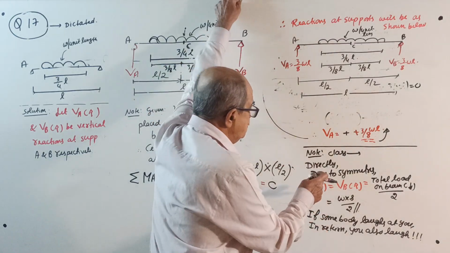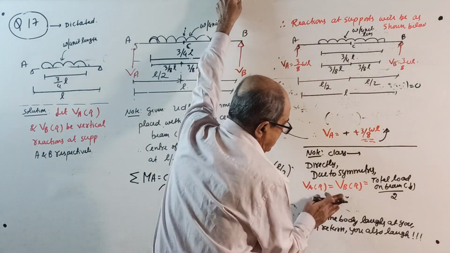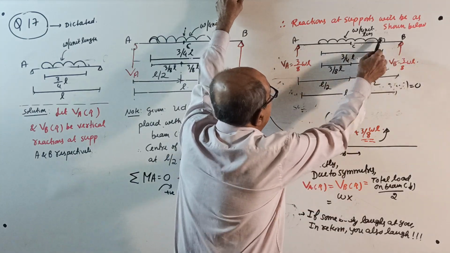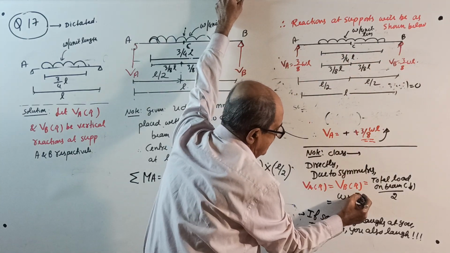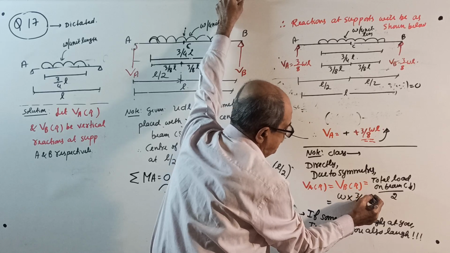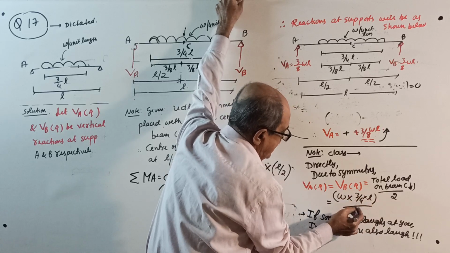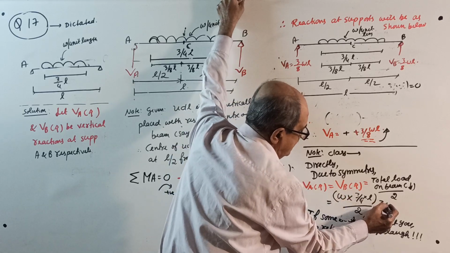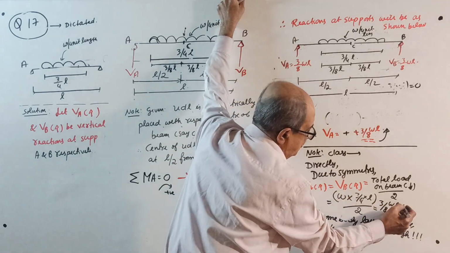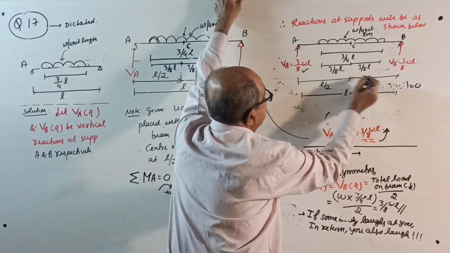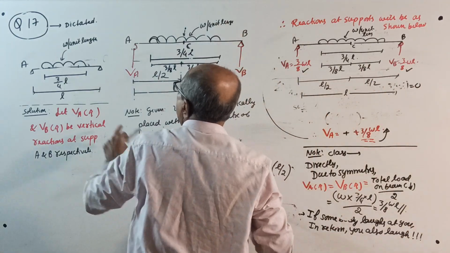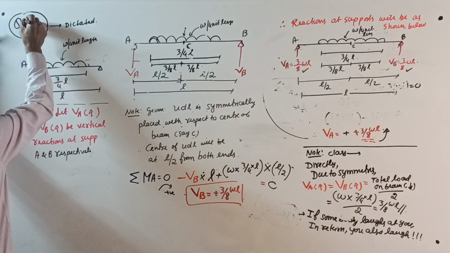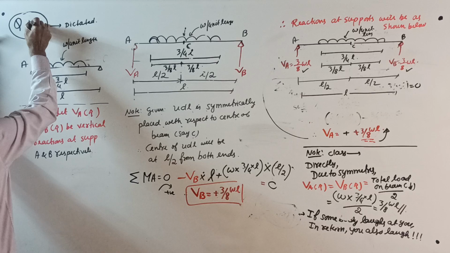So right, due to symmetry, total load on the beam equal to W into 3/4 of L. 3/4 of L is the total load, divided by 2 will give you 3 by 4 divided by 2 is 3 by 8 of WL. Yes, same answer we got. This is question number 17 over. Now I will change over to question number 18.